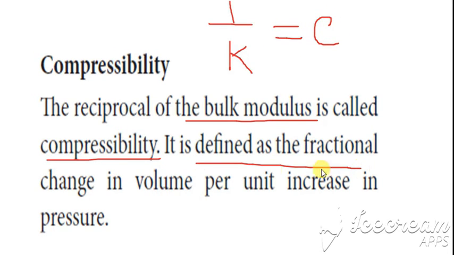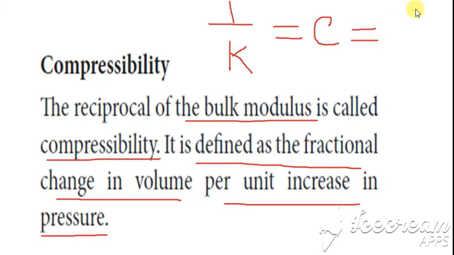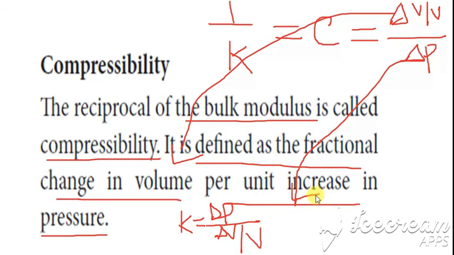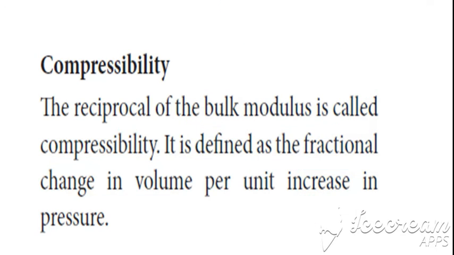It is defined as the fractional change in volume per unit increase in pressure. K, as we have just seen, is del p divided by del v by v, and the inverse of this is del v by v divided by del p. We write this as the change in volume per unit increase in the pressure, and this gives the compressibility.